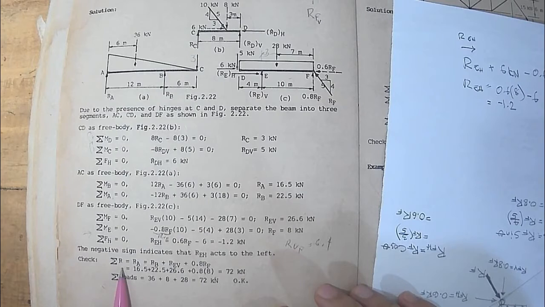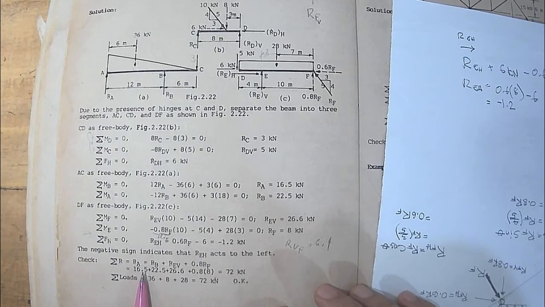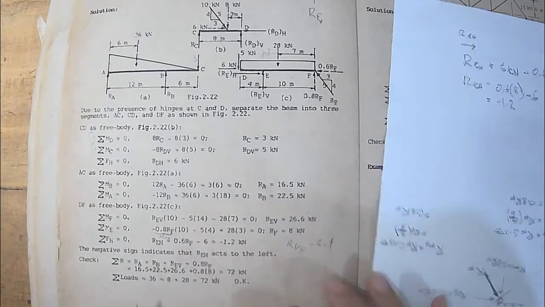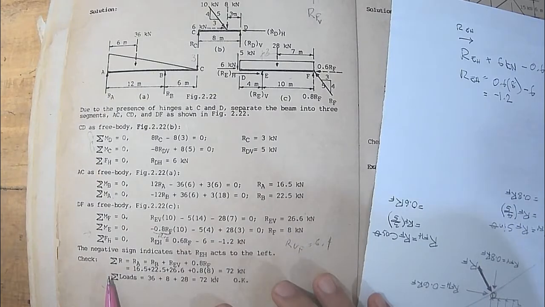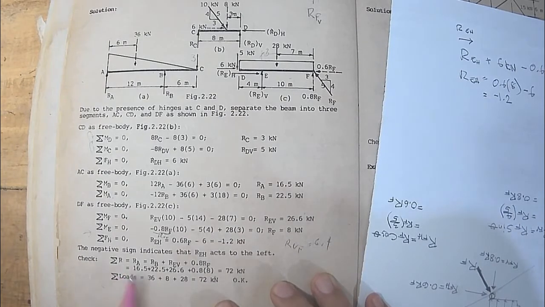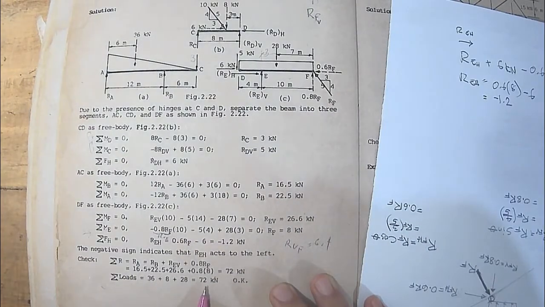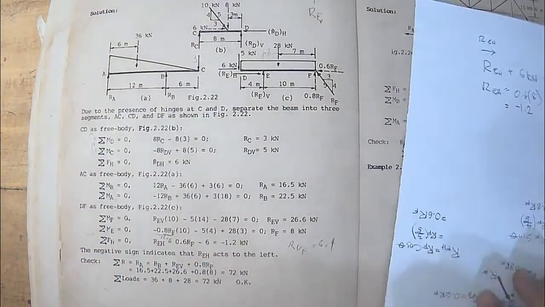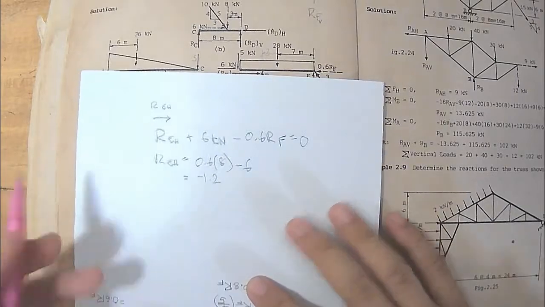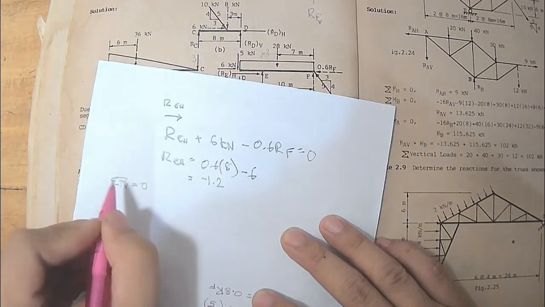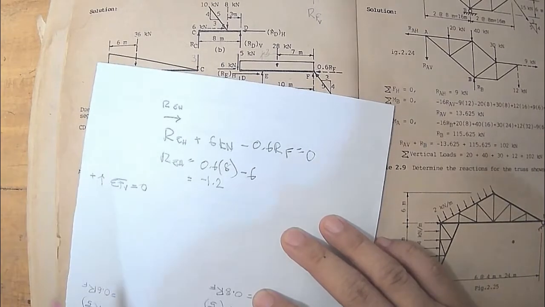As a check, summation of reactions RA plus RB plus REV plus 0.8 RF. This simply means summation forces vertical is equal to 0. So, all the reactions add up to 72. The total of all loads should also equal 72. Or, we can rewrite this as summation forces vertical is equal to 0, taking upwards as positive.